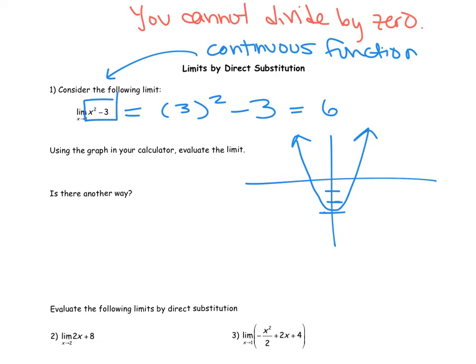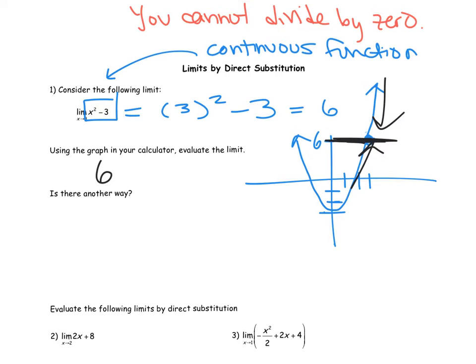And we're checking the limit as we approach 3. So 1, 2, 3. That's about the point, maybe about here, where there's the 6. And we have to check the limit from the left-hand side and the right-hand side. And as you can see, from both ends it would be approaching that value of 6. So that's at 6. Okay?